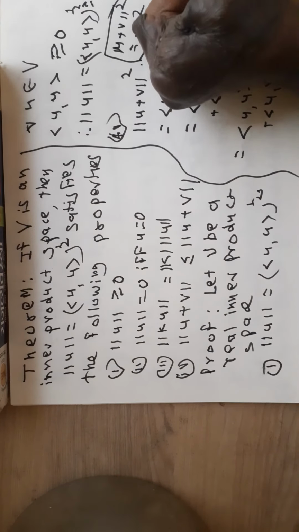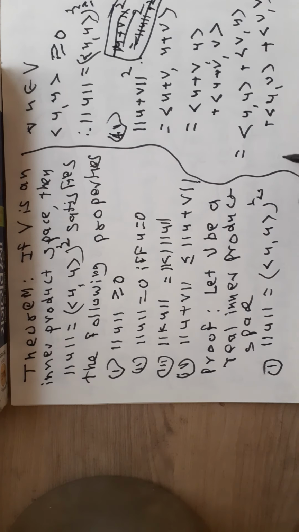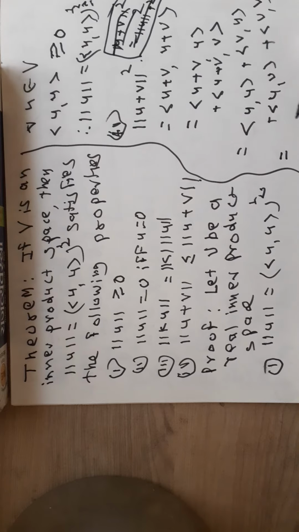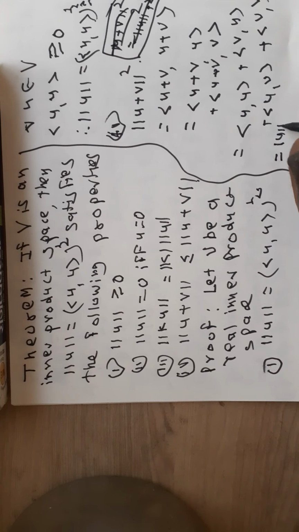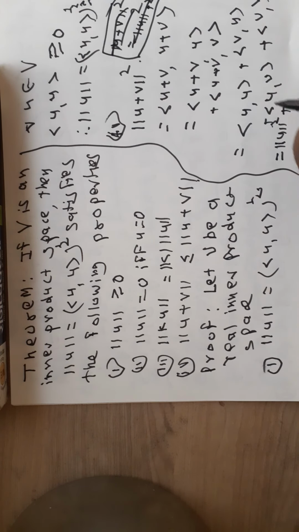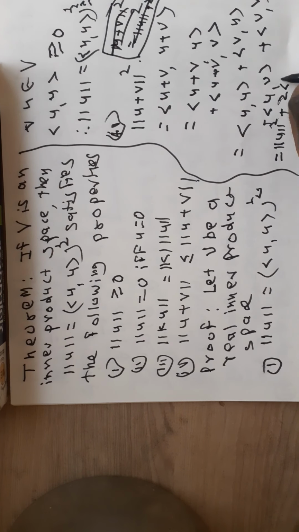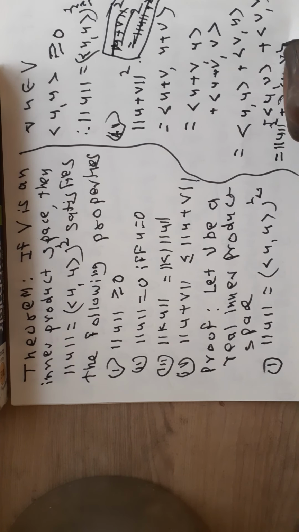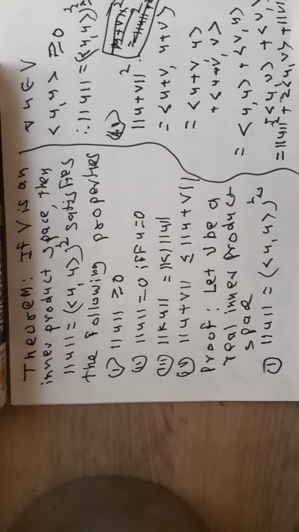So this is norm of u squared plus 2 angle bracket u comma v plus norm of v squared.